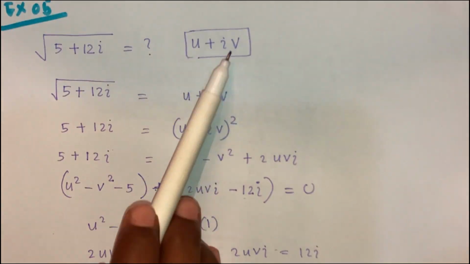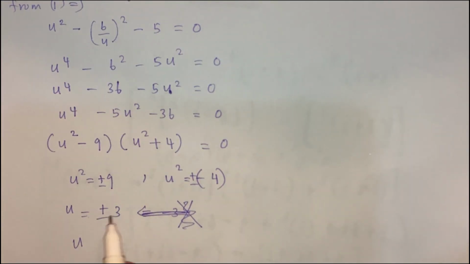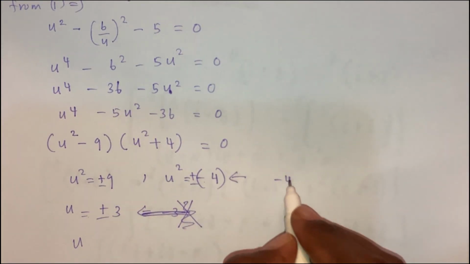However, since we know u and v are real numbers, -4 is eliminated.